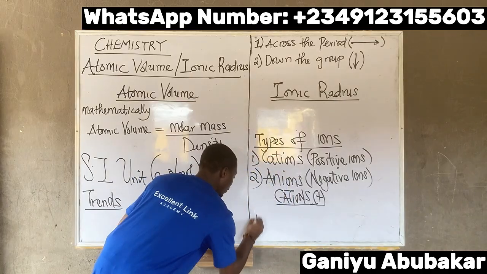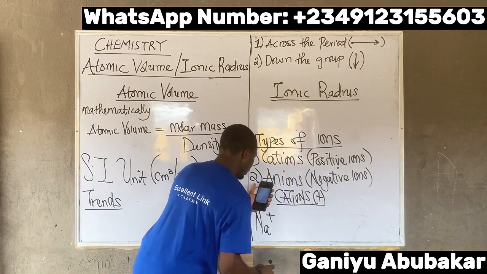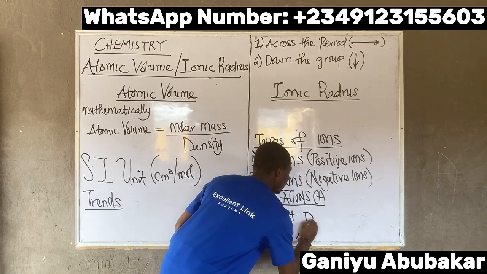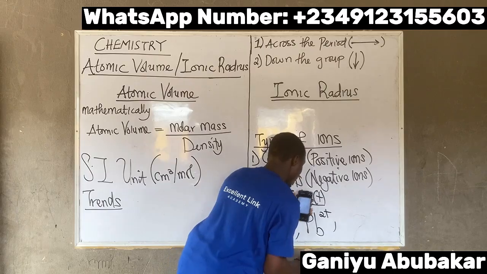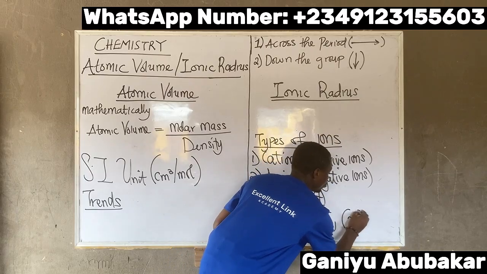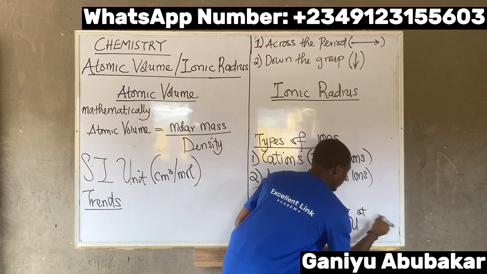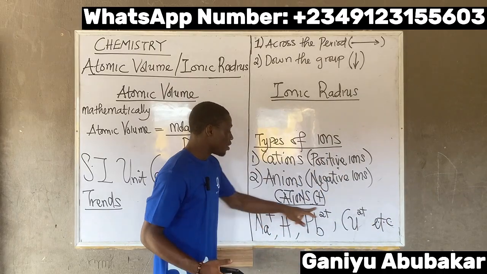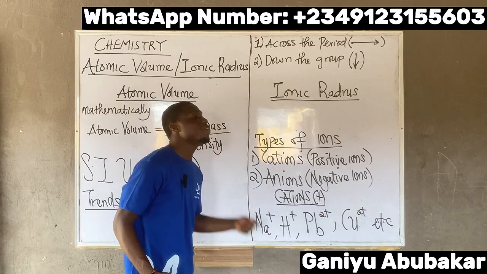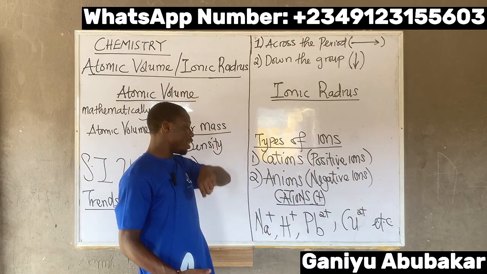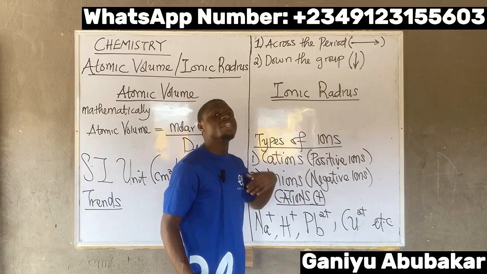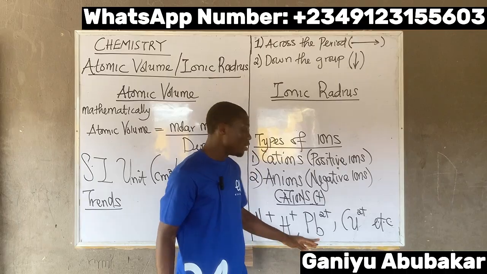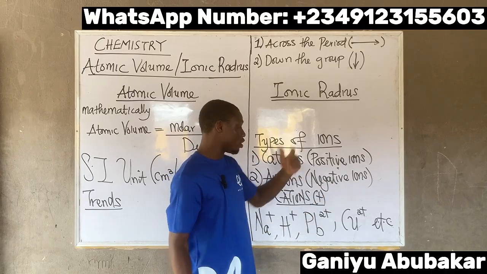Example, if I have Na+, H+, Pb2+, Cu2+, and so on. This positive sign means that sodium needs to lose one electron, hydrogen needs to lose one electron, Pb means lead, it also needs to lose two electrons.